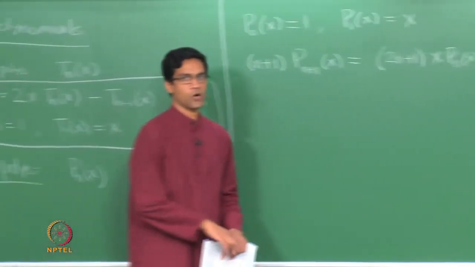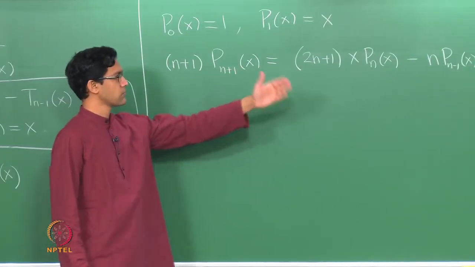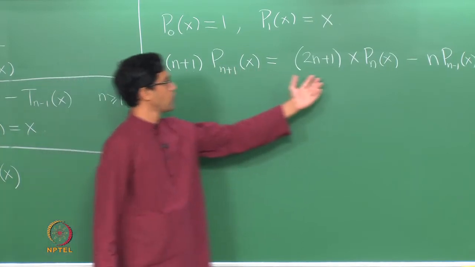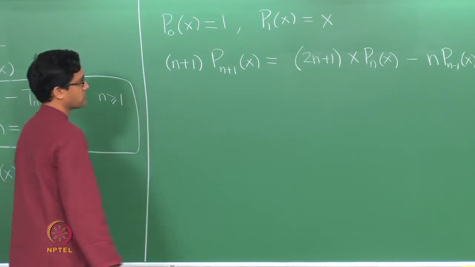So, it is still what is called a 3-term recurrence. It defines Pn plus 1 in terms of the two preceding terms, but notice that the coefficients now are n plus 1, 2n plus 1, n and so on, as opposed to the Chebyshev case.